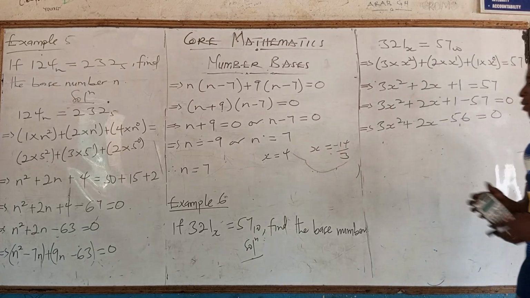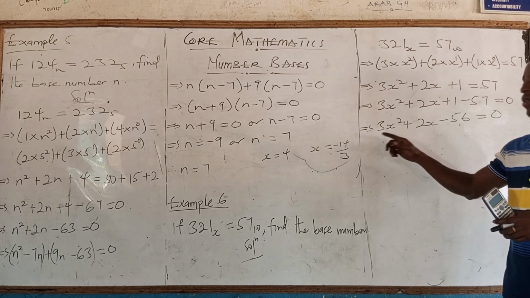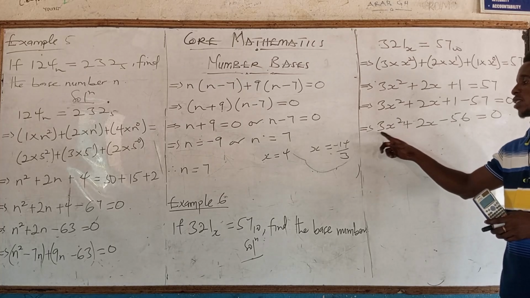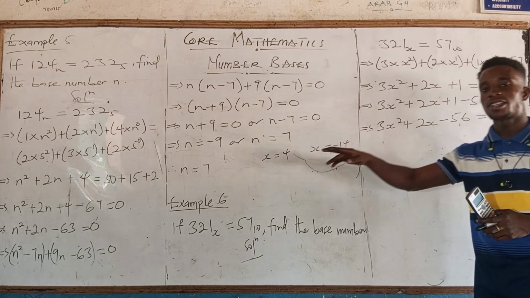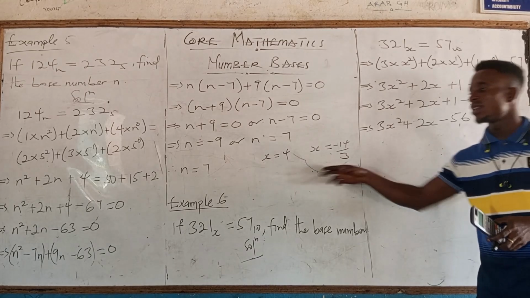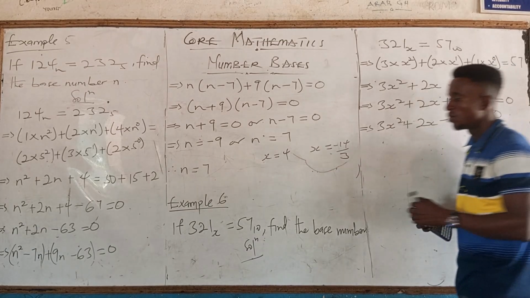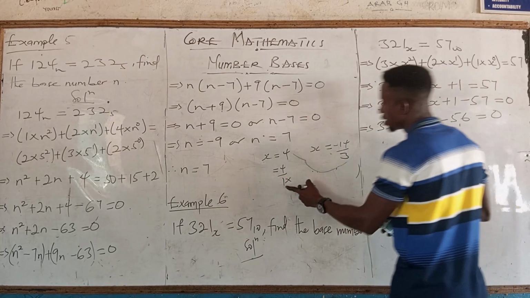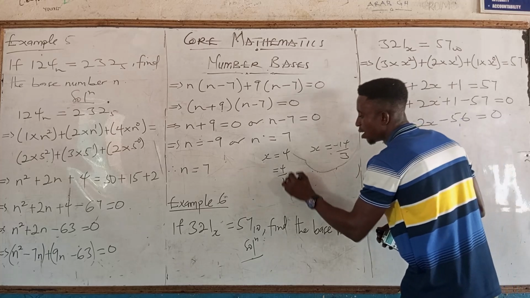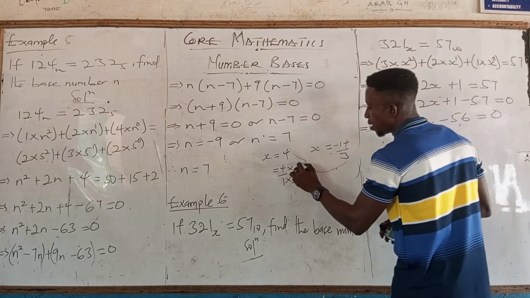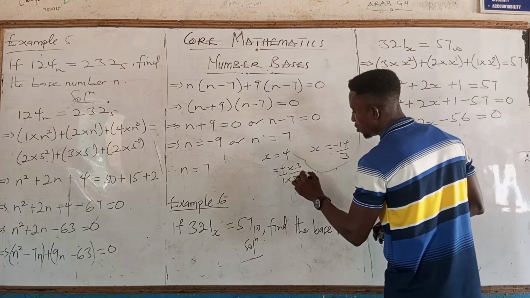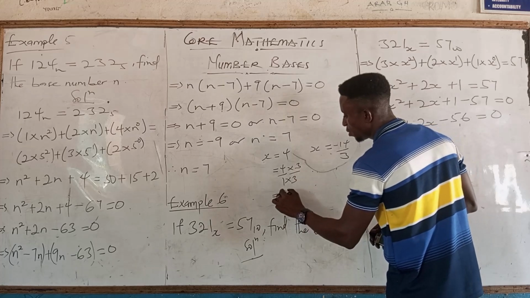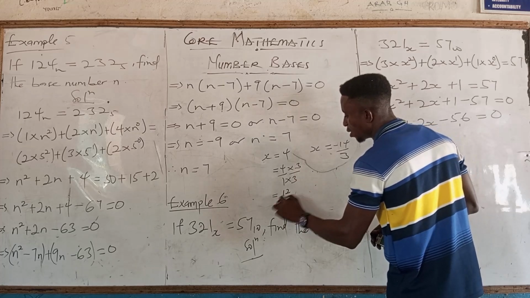So now, the coefficient of the x squared is 3. So the denominators of the fractions are supposed to be 3, but one is 3, but this one is not 3. So we have to do that. So this one is 4 over 1. Then we multiply here by what number will get us 3? That is 3. And here 2 by 3. So now this one is 12 on 3.